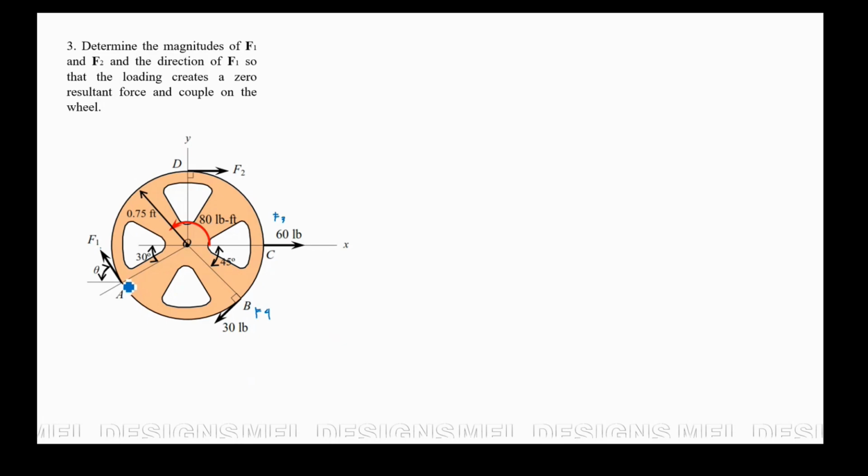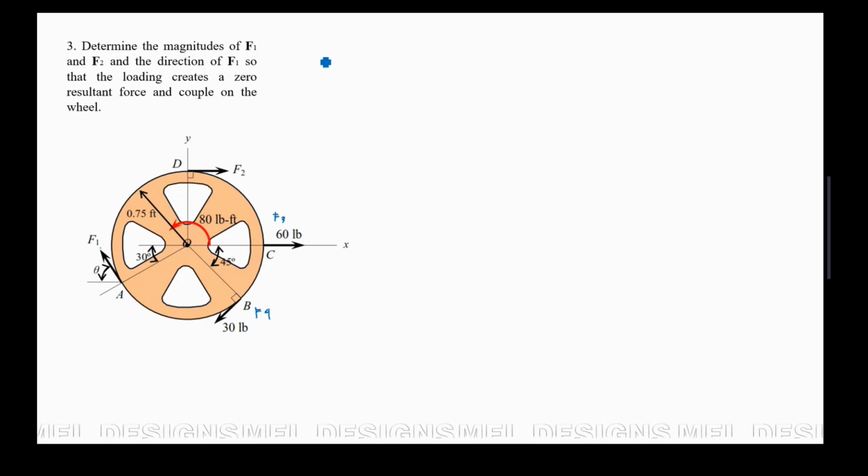Diba? Sabi natin nung nakaraan, pag nag-moment tayo sa isang point kung saan may nag-act na force, that force will now automatically be cancelled. Therefore, kung nag-moment tayo dito sa point A, makakancel na yung F1 natin. Therefore, ang missing na lang will be F2. Okay? So, makakasolve na tayo agad ng isang force, which is now the F2.